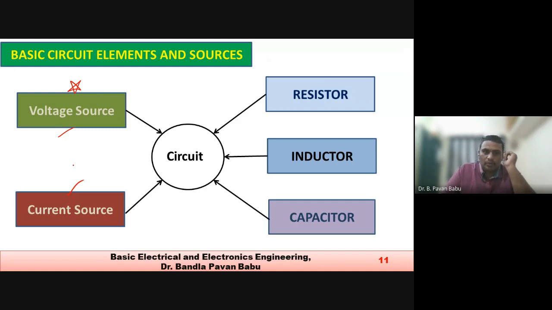So coming to the voltage source, when we discuss AC and DC, at that time I will give details. These two types of sources are also called active elements. And the resistor, inductor, and capacitor I can call passive elements.